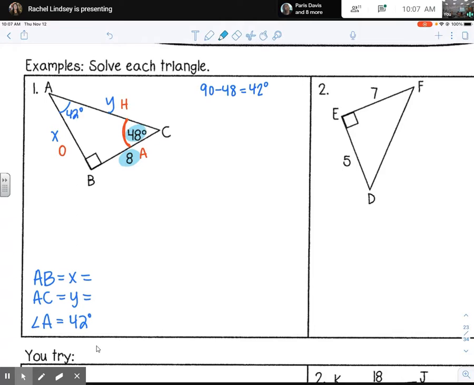But solving for X, what would I be using? I have opposite and adjacent. SOA. So I'm going to have SOA for X. So I have tangent of angle 48 equals my opposite X over adjacent 8.